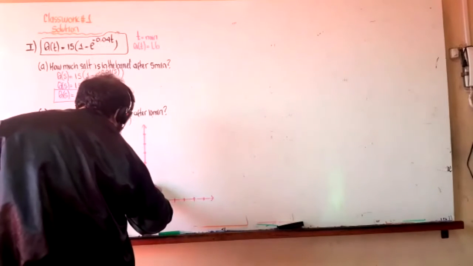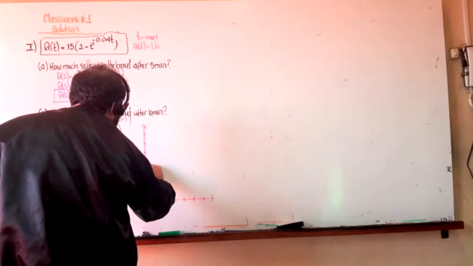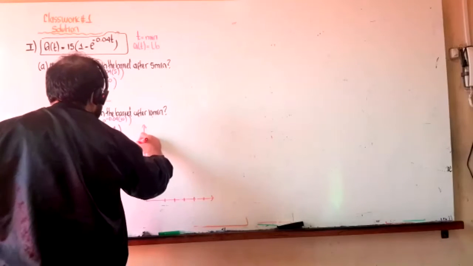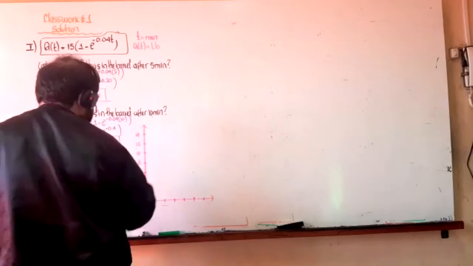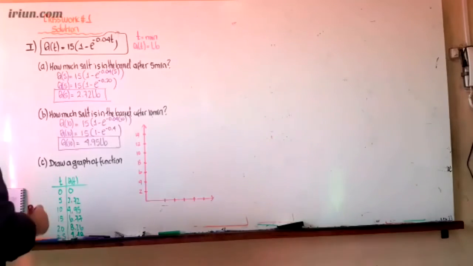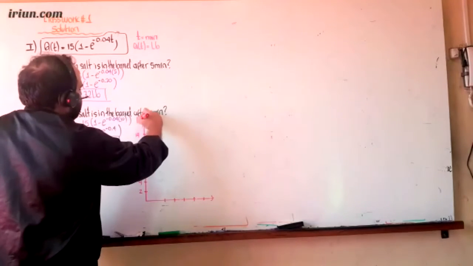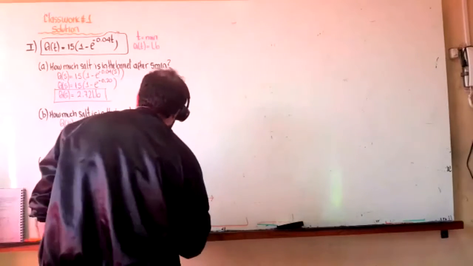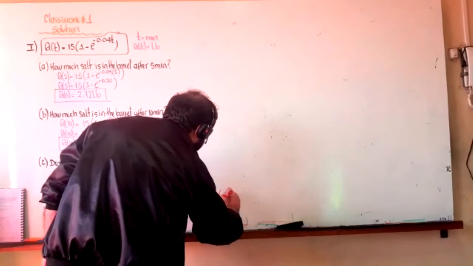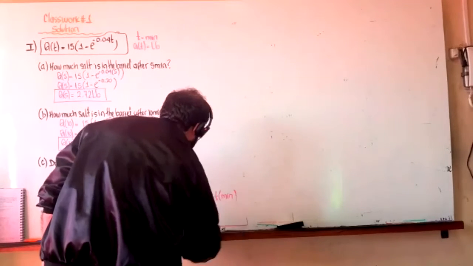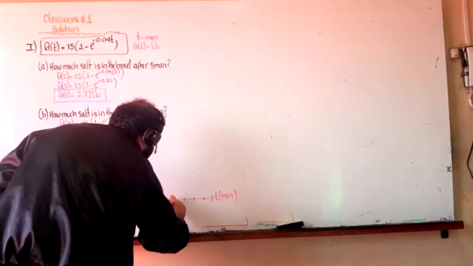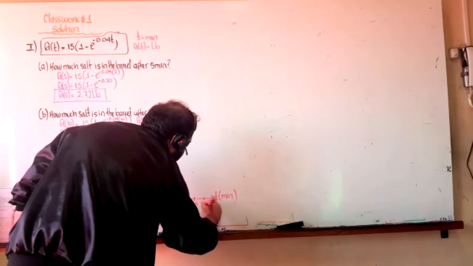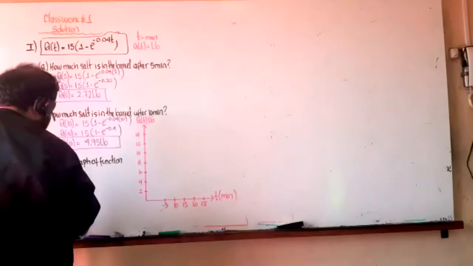2, 4, 6, 8, 10, 12, 14. Remember, this is Q(t) and represents pounds, and this is t, representing minutes: 5, 10, 15, 20, 25.